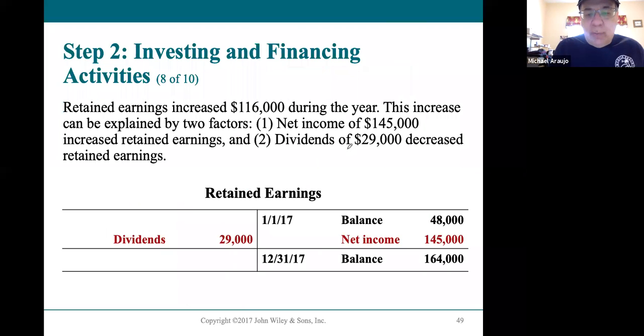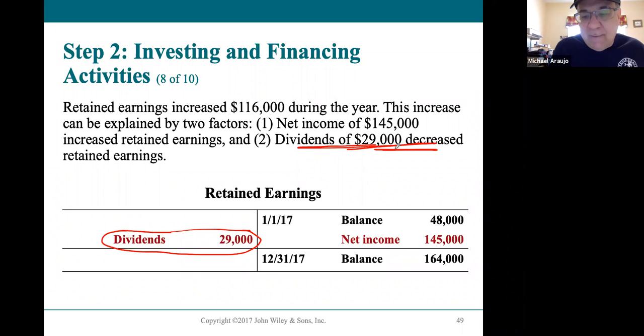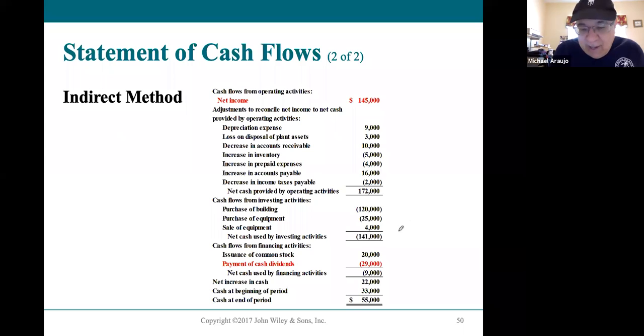They also paid dividends of $29,000. So dividends is a cash dividend. That's going to affect cash. So we need to focus on the fact that cash went out of the company to stockholders. And that, as listed way down here, is a financing activity because the money went to stockholders.